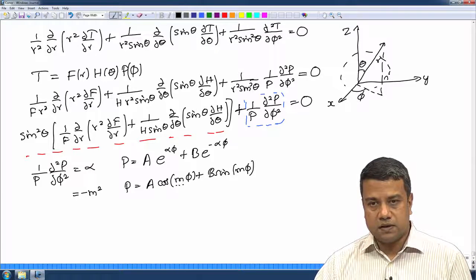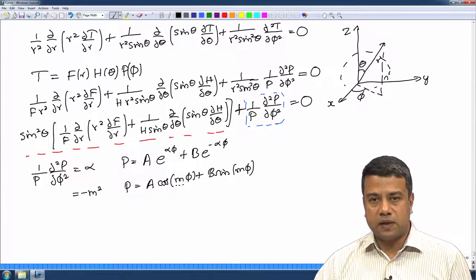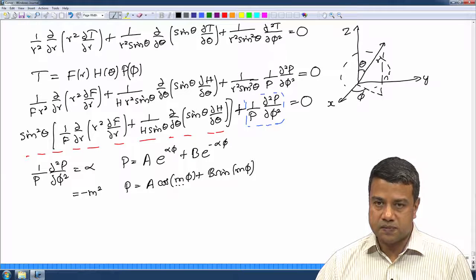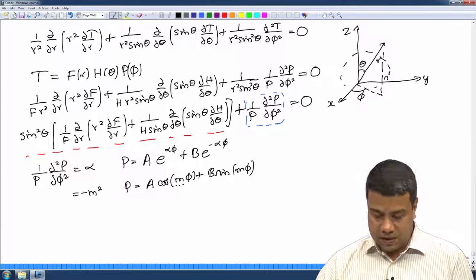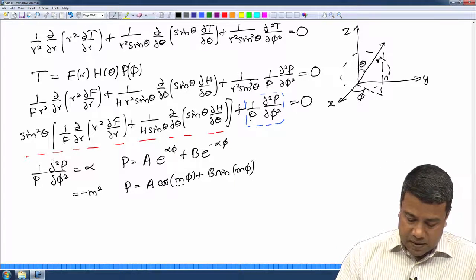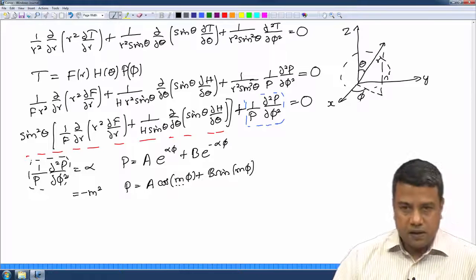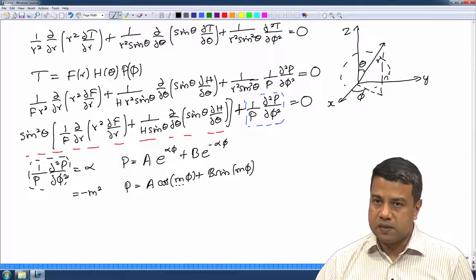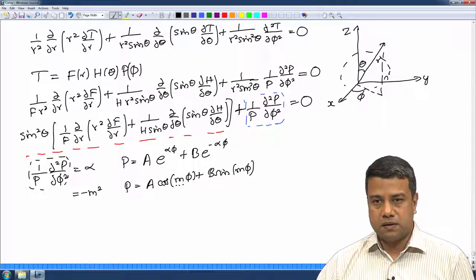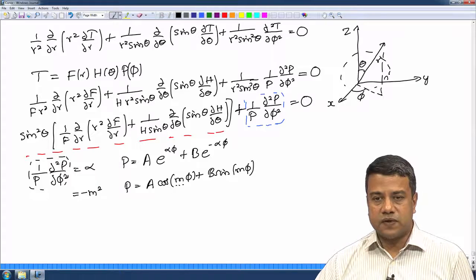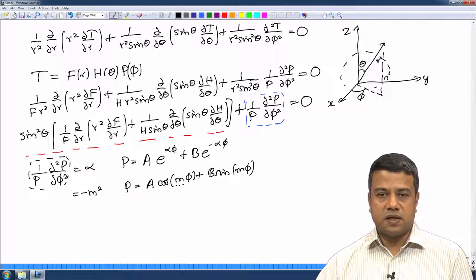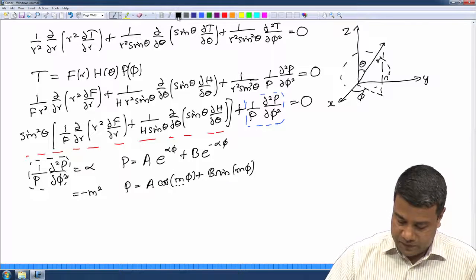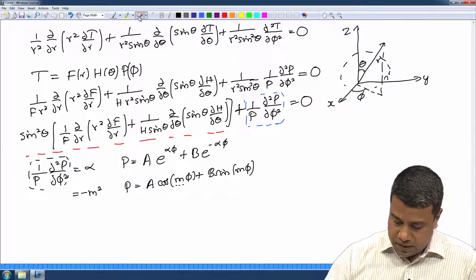So, the requirement that when you increment phi by 2 pi, you come to exactly the same physical location in space implies that 1 by p times d square p by d phi square has to be negative, and it has to be minus m square, where m is an integer. Just the fact that there is no physical boundary, that the coordinate boundaries at 0 and 2 pi have to be exactly the same, means that phi has to have this form.